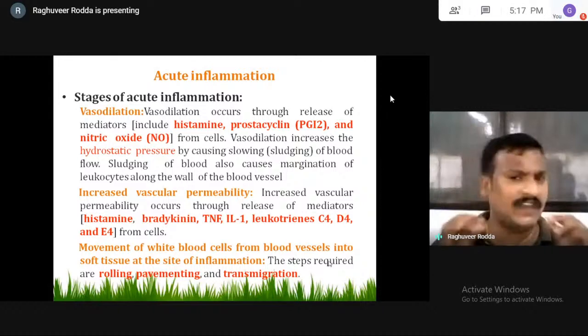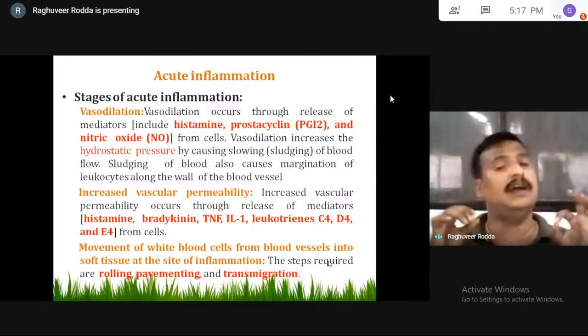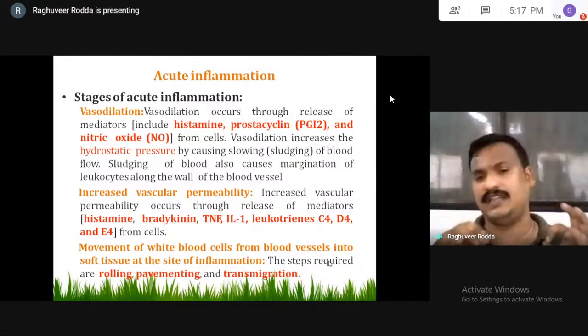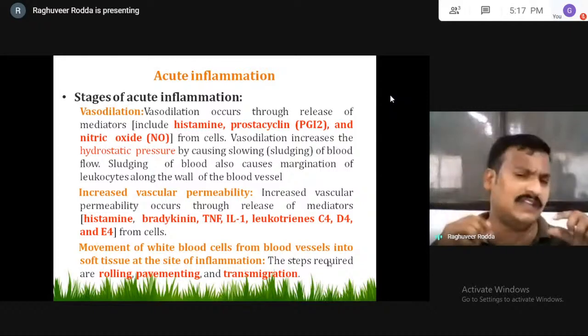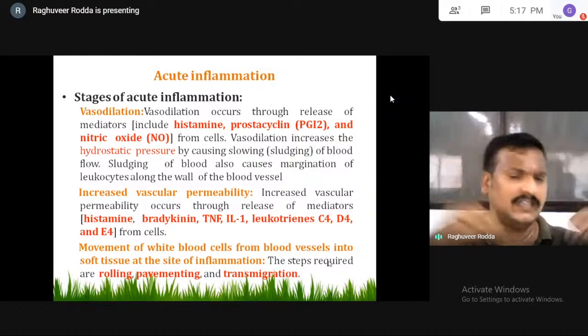So vascular permeability is very, very important. Blood vessels are not like the plasma membrane of a cell. The blood vessel layers are formed by endothelium cells, and the endothelium cells are arranged very compactly.